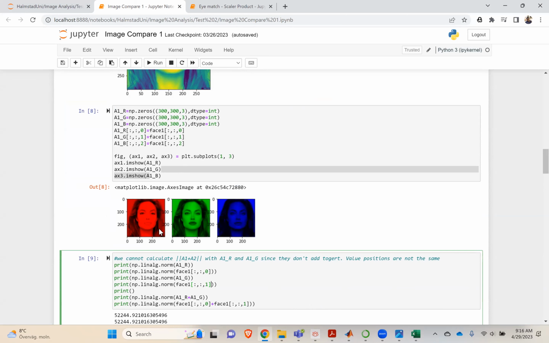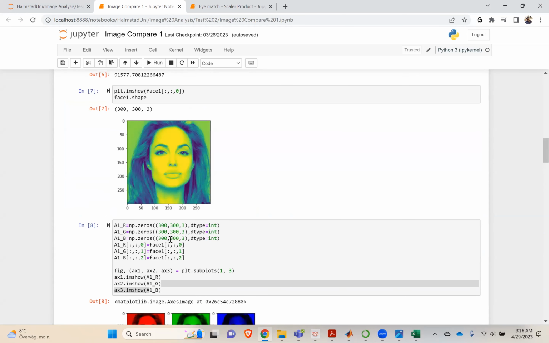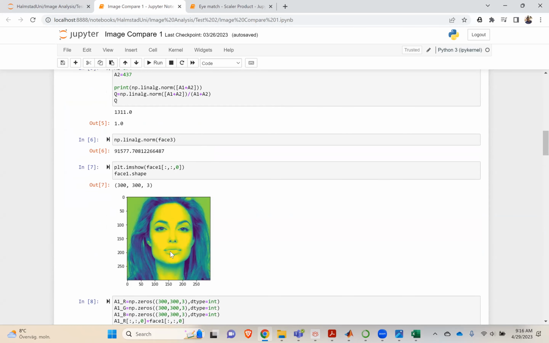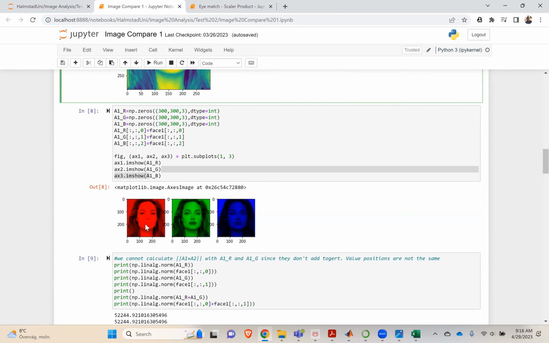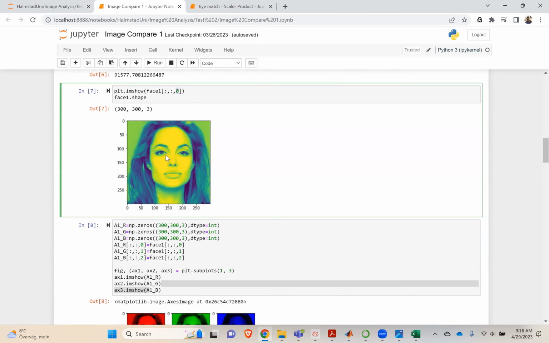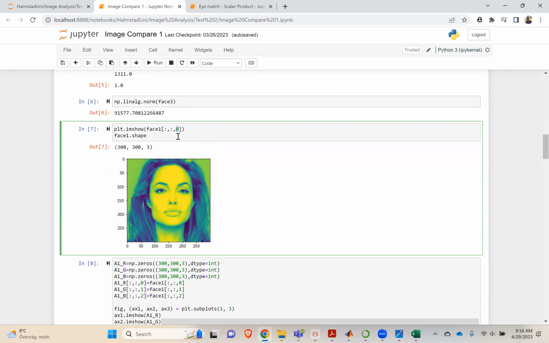It's not exactly the same, but it's somewhat similar, like 90% similar images. So I can show you. This is the green face, and this is, I believe, the red face. If I print only red, because in Python, if you take the first one, it will always come with green.